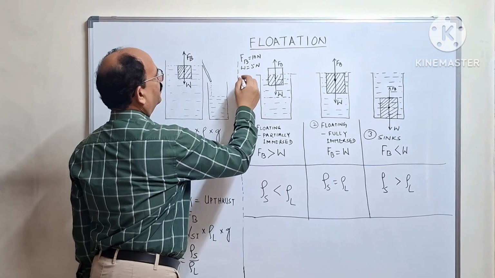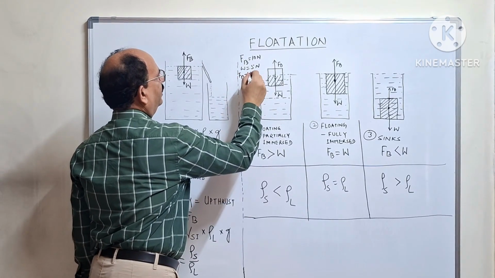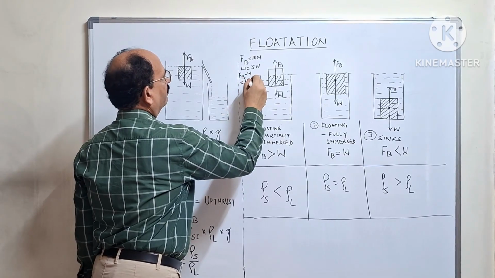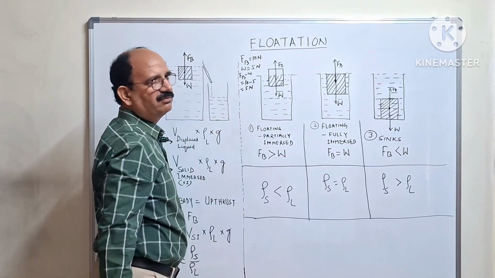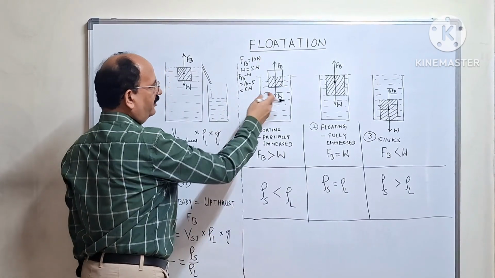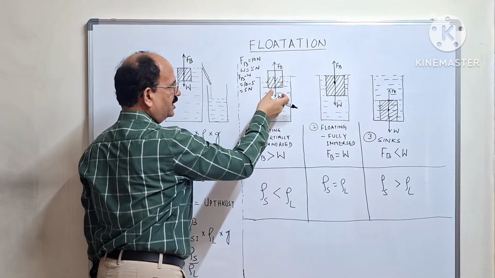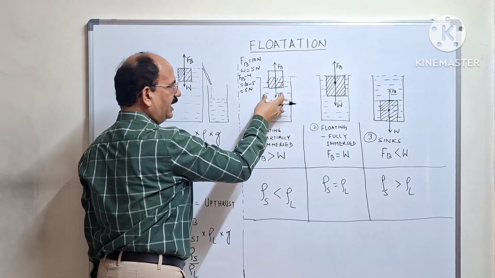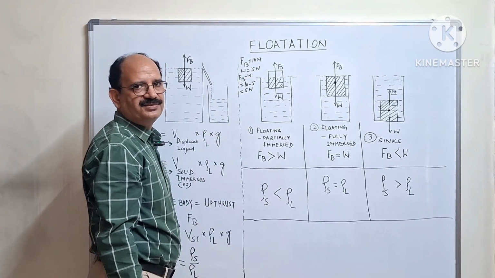The resultant force of 10 minus 5 Newton, that is 5 Newton, will be working in the upward direction. And therefore, even if you bring this object in the body of the water and leave it, it will just spring back and come to the surface.